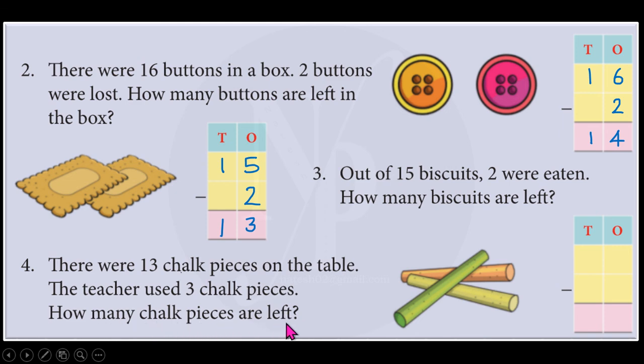So we should find out by subtracting 3 from 13. Let us write down these in the place values table. 13, 1, 3, and we should write 3 in one's column. Now let us subtract. Subtracting 3 from 3 you get 0, and subtracting 0 from 1, or 1 minus 0, is 1. Therefore 10 chalk pieces are left on the table.